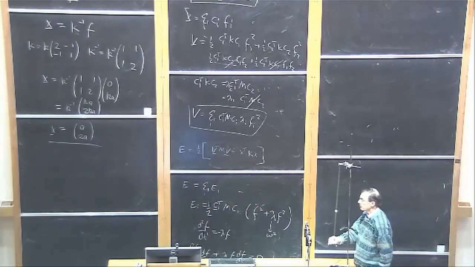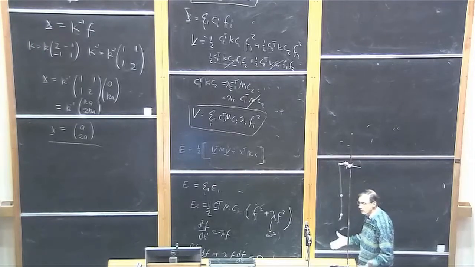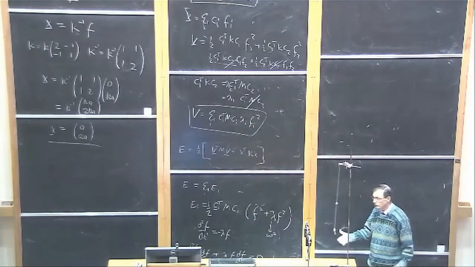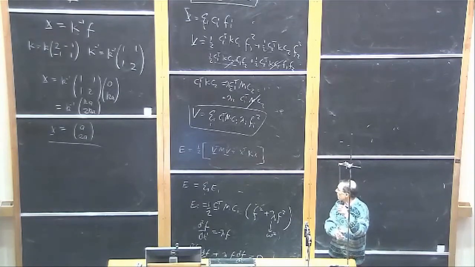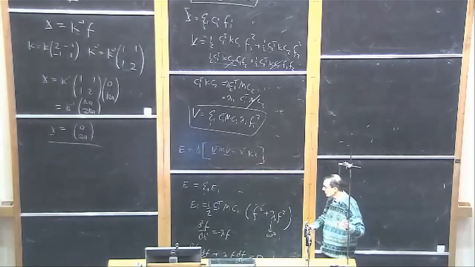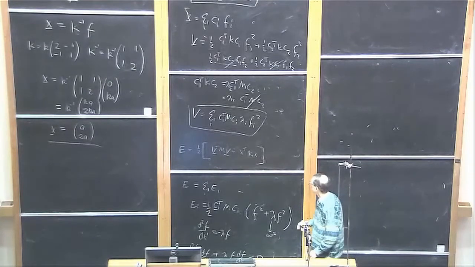So there's a certain energy in mode 1, a certain energy in mode 2 at this point, and those values are remaining constant in the subsequent motion. And so that's one of the problems on the problem set, is precisely that calculation.